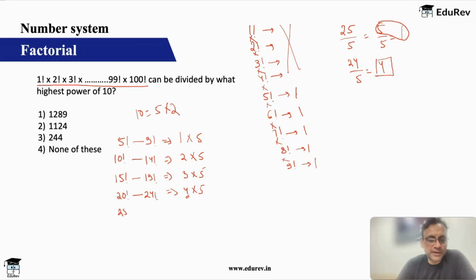So 25 factorial to 29 factorial will be 6 fives into 5 of them: 25, 26, 27, 28, 29.